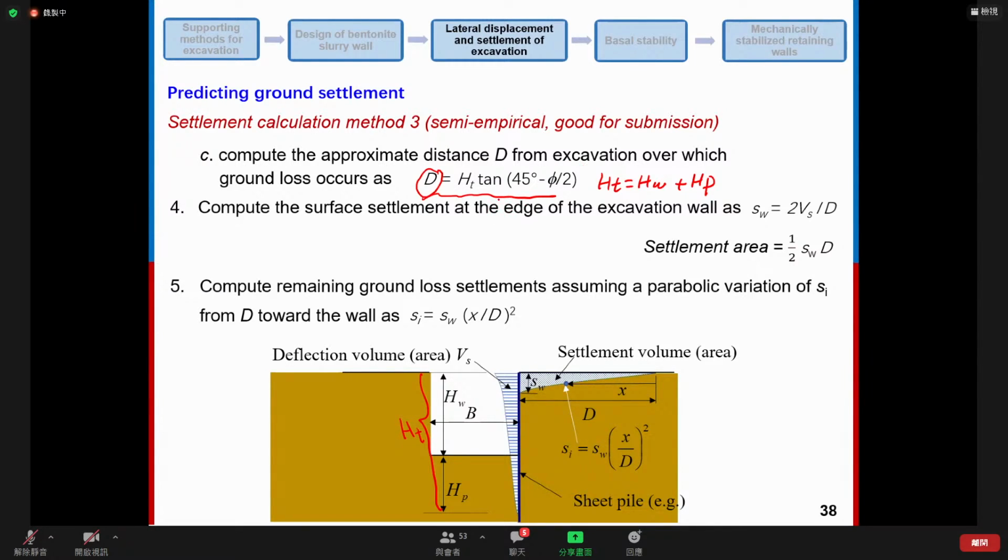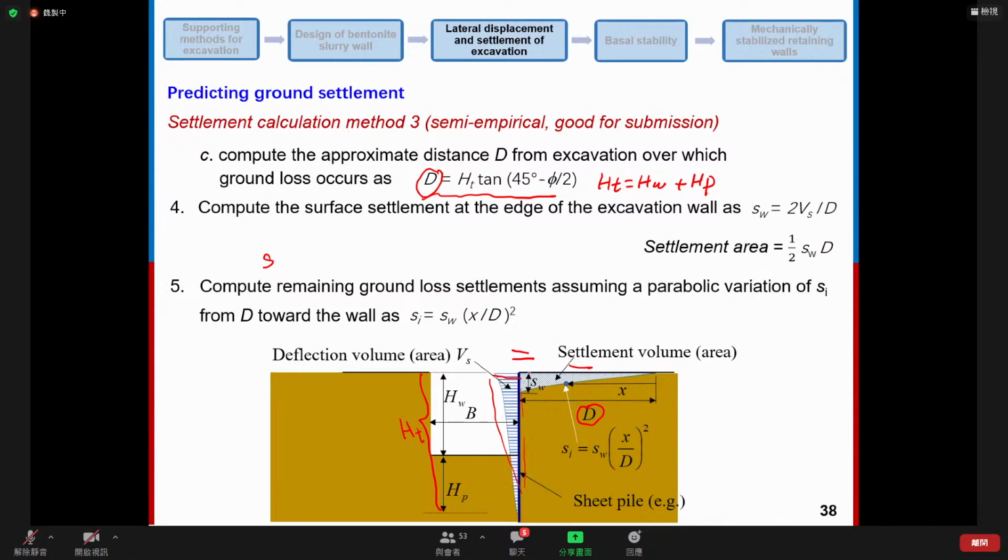By using this equation, we can determine the distance. As we mentioned before, we have the assumption that the deflection volume, this one, is equal to the settlement volume, this one. And then we know the distance is D. So we have the deformation volume Vs equal to the settlement volume.